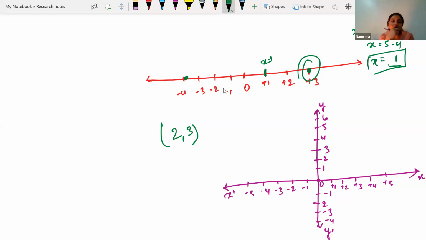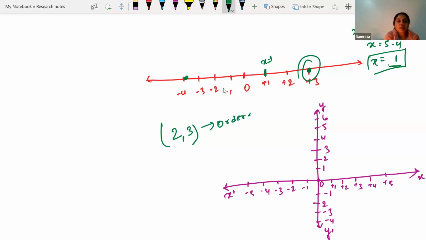When we are talking about the coordinate axis, since you can see two number lines are making the coordinate axis, instead of only x equals 1, here we will have two values. We will have one ordered pair over here.